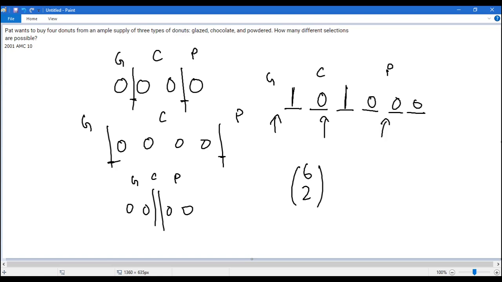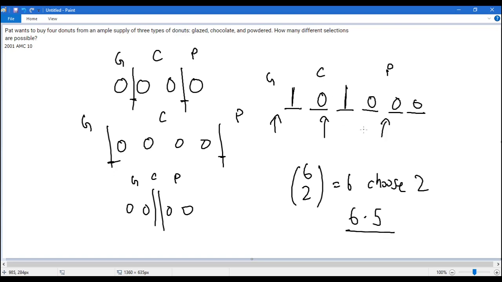Now, let's recap some combinatorics. It's the same thing as saying 6 choose 2. How many ways can you choose 2 slots out of 6? Well, the first slot can be any of these 6. The second slot, after you pick 1 for the first slot, you have 5 slots left. There's 5.